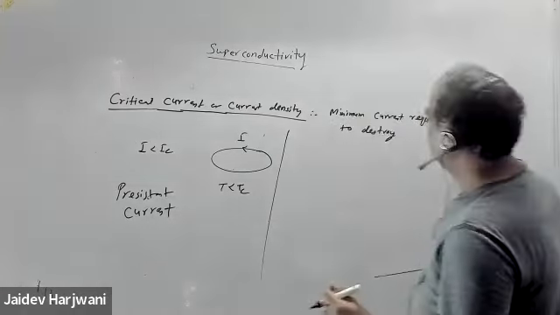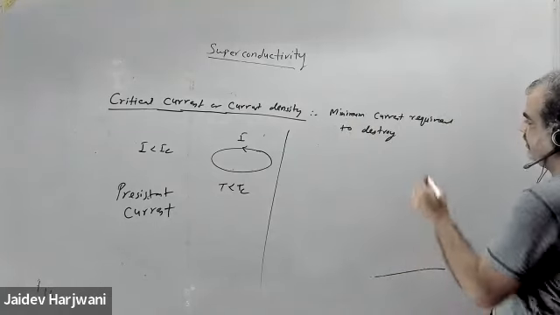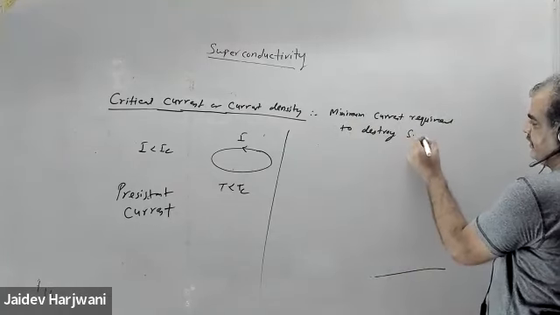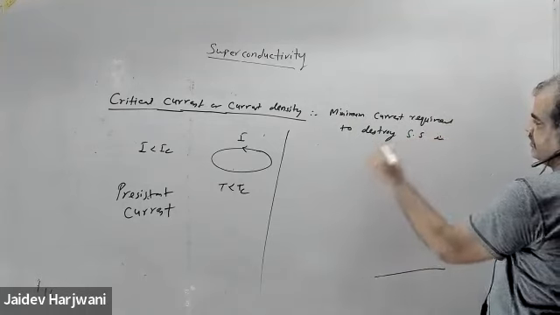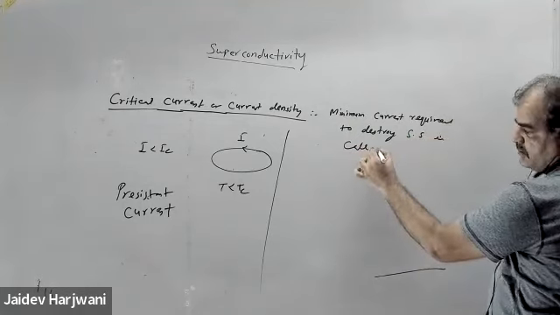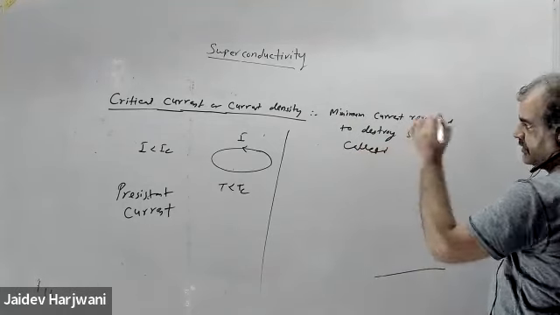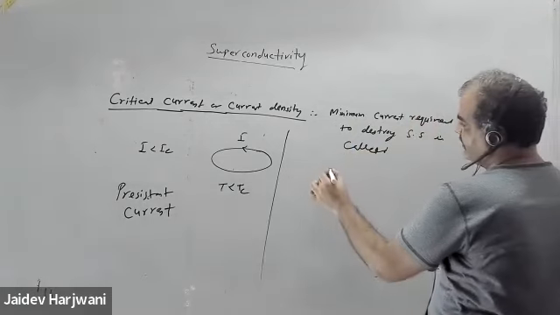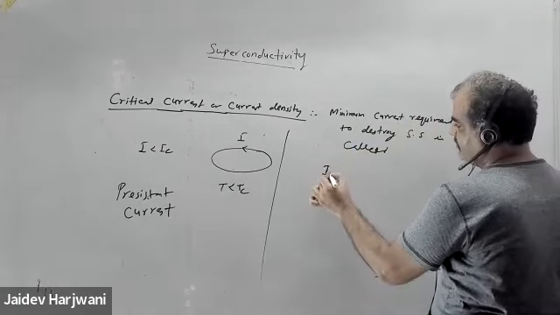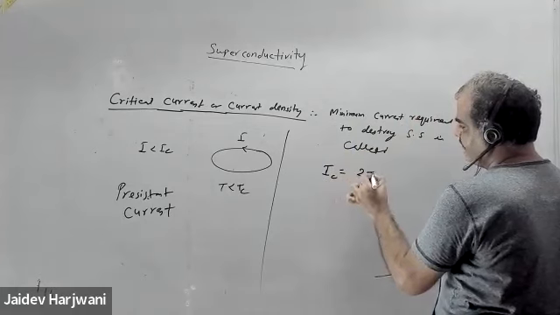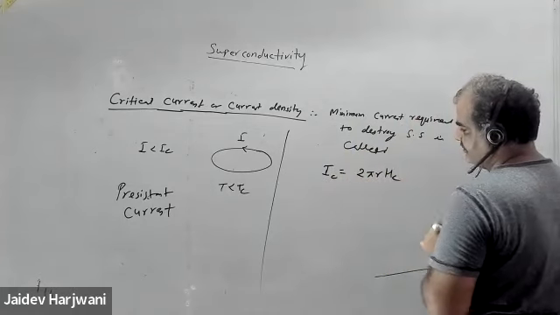So the minimum current required to destroy the superconducting state is called your critical current, and critical current is given by Ic equal to 2 pi R Hc.